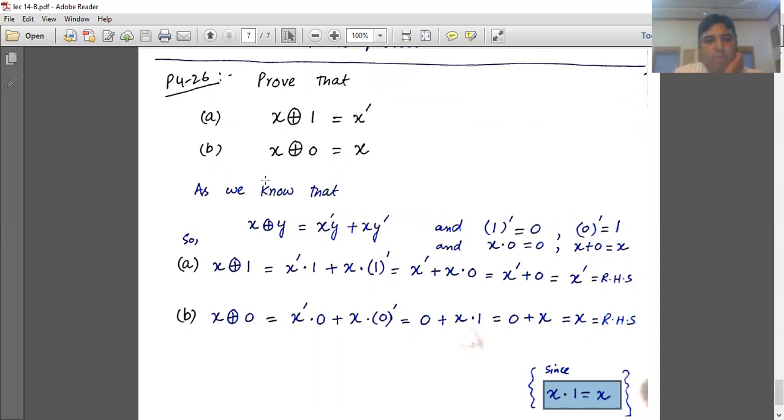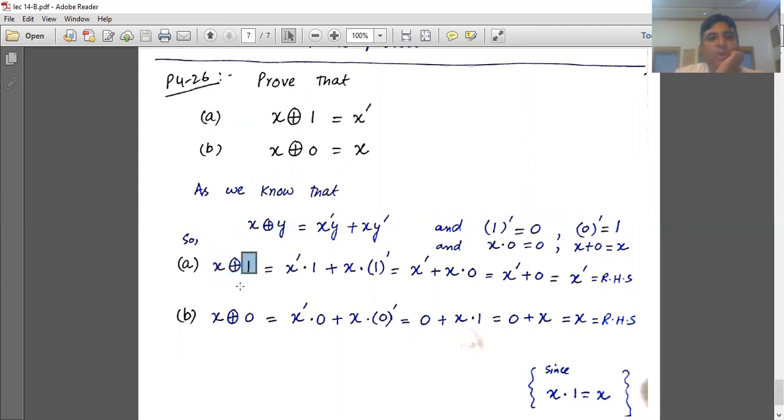So these are the theorems which we will use here. In part A, the left hand side is x exclusive or 1. There is a general formula which says that x exclusive or y is equal to x bar y plus x y bar. Basically the formula says there are two variables, one is x, the other is y. So in this case, our one variable is x and our other variable y is 1.